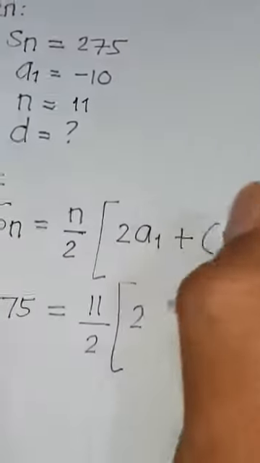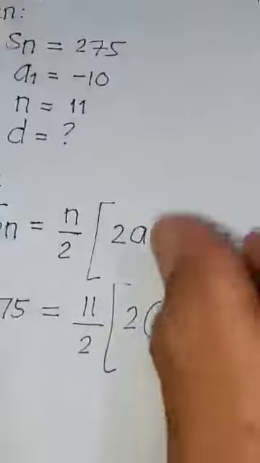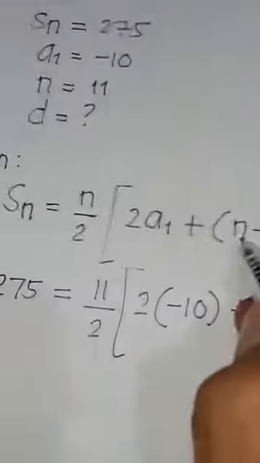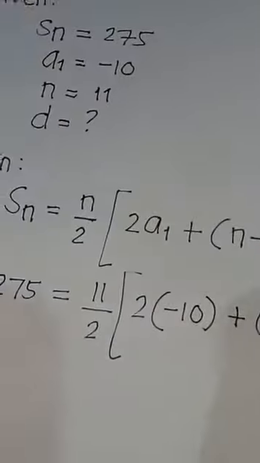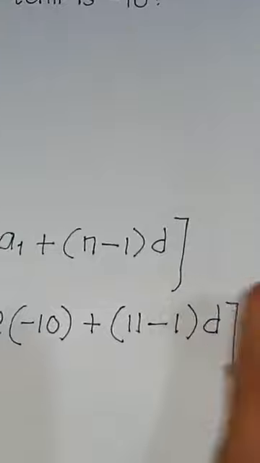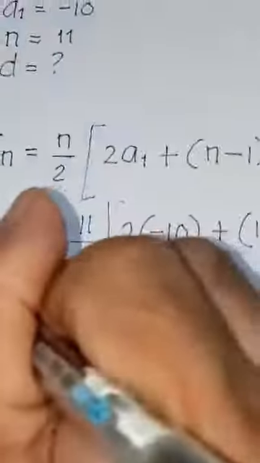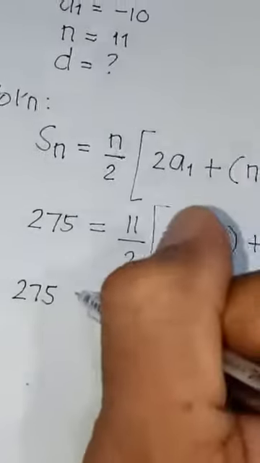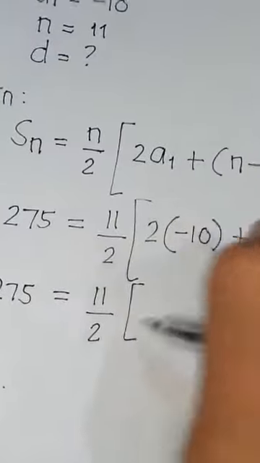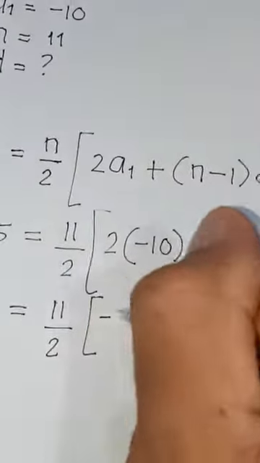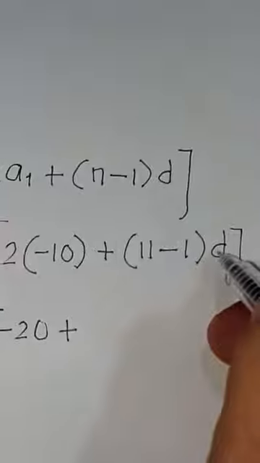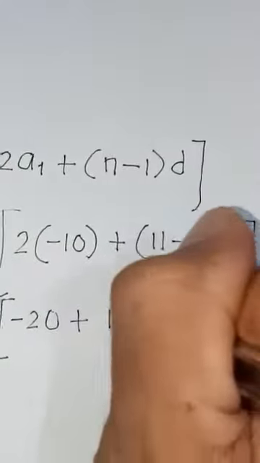Then 2 times the first term here is negative 10, so we are going to substitute that, plus the number of terms n is given, that is 11 minus 1, multiplied by the common difference D. So 275 is equal to 11 over 2 times 2 times negative 10, which is negative 20, plus 11 minus 1, which is 10, multiplied by the common difference D, that will give us 10D.